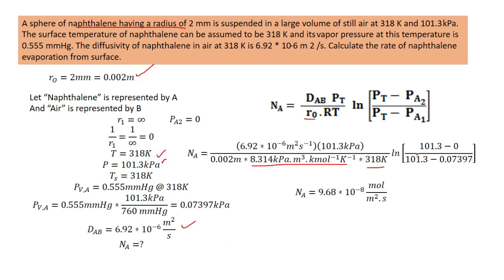In the log, the total pressure is 101.3, and the partial pressure of naphthalene at infinitely large radius is 0, so I am writing 0 here. Total pressure 101.3 minus PA1.